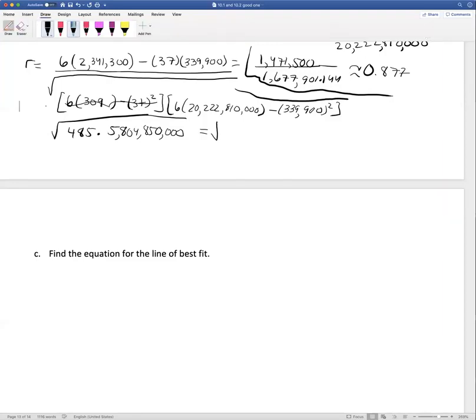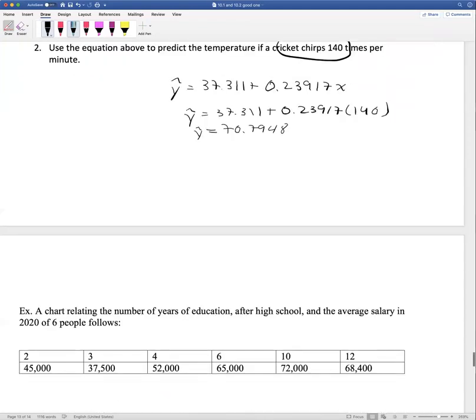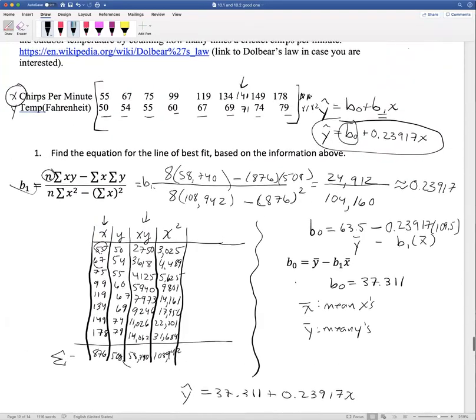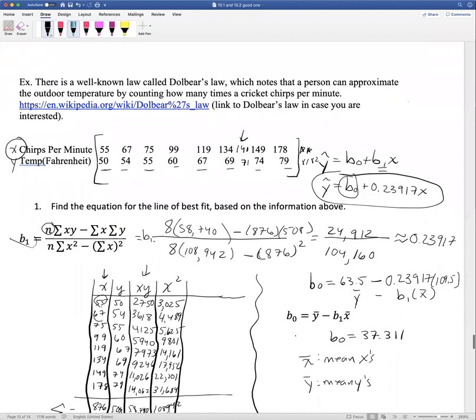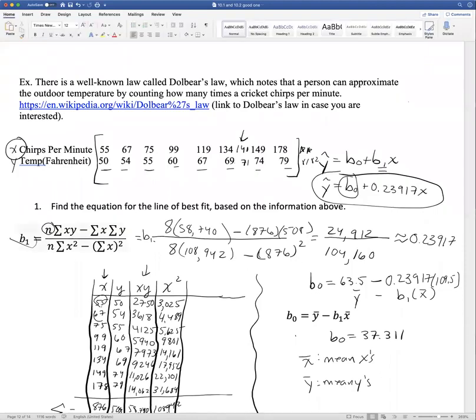Remember that the equation for the line of best fit, y hat, is equal to b naught plus b1x. The first thing we're going to do is find b1. I'm just going to copy the formula for b1.